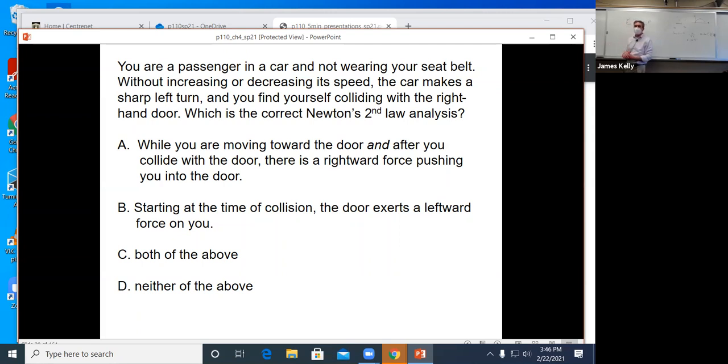Or clarification? I think that A is the correct second part as well, because I was thinking about what happened, like trying hard to get yourself back straight out. Yeah. While you're turning, it certainly is hard to pull yourself away from the door, right? And that seems to suggest that there's some sort of force pushing you into the door. It's almost like you're magnetically attracted to the door.